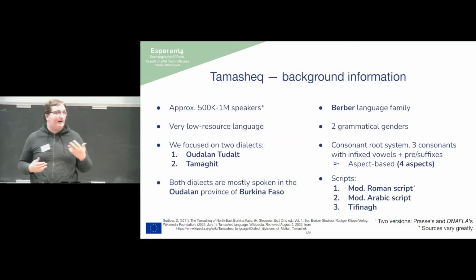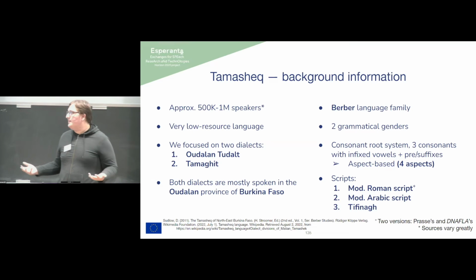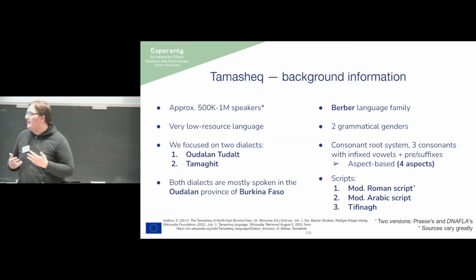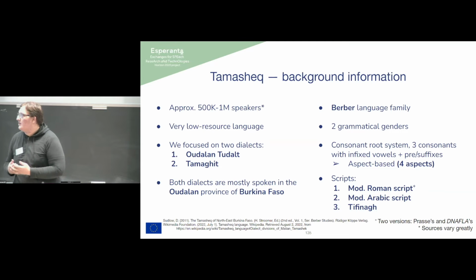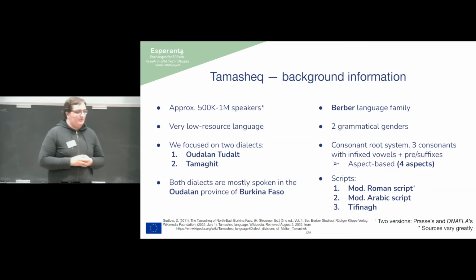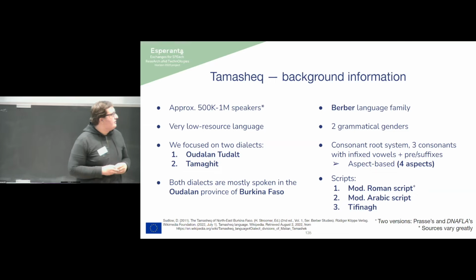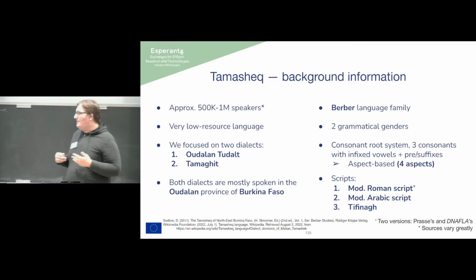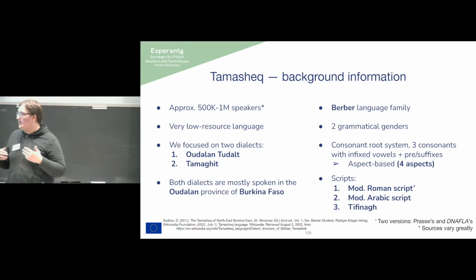Some sources say it's 500,000, others say 1 million. It was very hard to get a grasp of what is more accurate. The data we got was mostly from a book on the dialects of Tudot and Tamagit, which are both spoken in the African country of Burkina Faso.